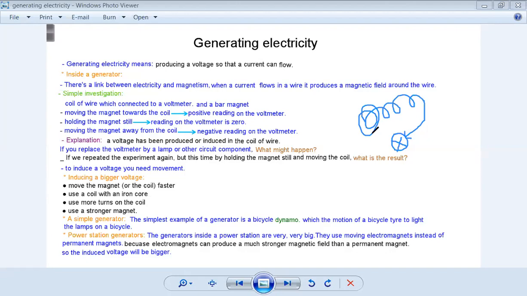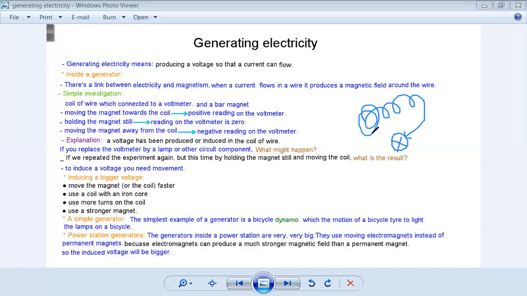They work with electricity. So these electromagnets are much stronger. What should they give us? They should give us more voltage. Because electromagnets can produce a much stronger magnetic field than a permanent magnet, in this case they will induce a much higher voltage.